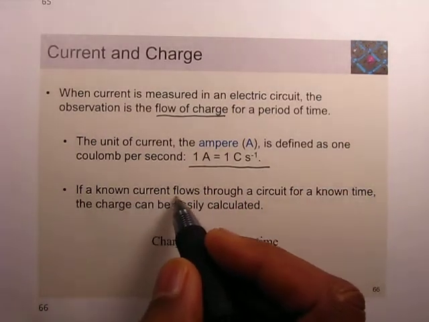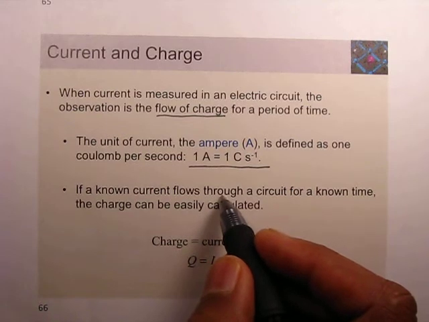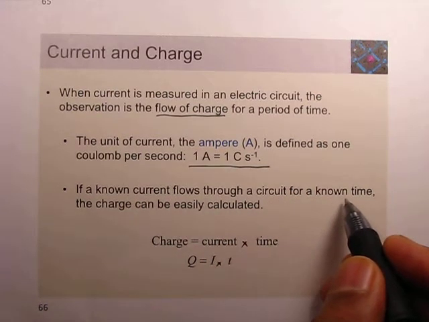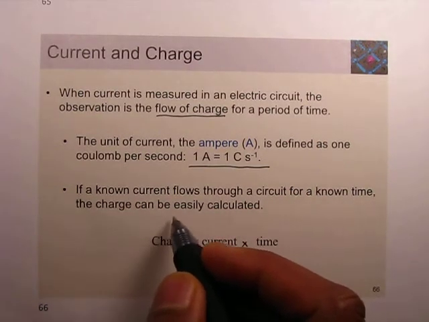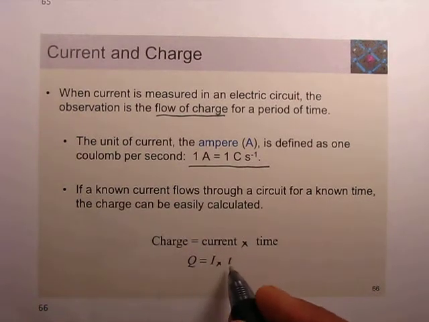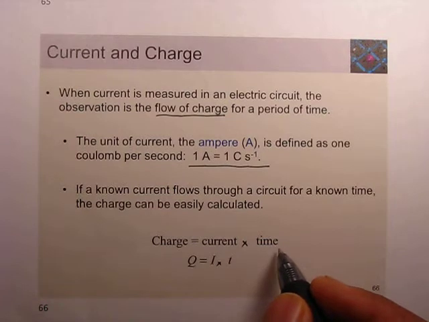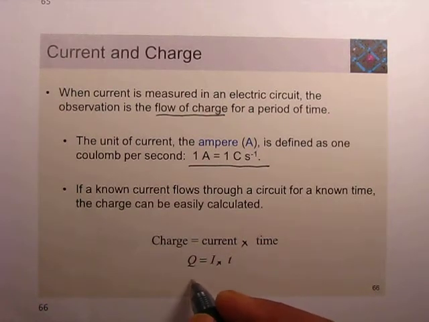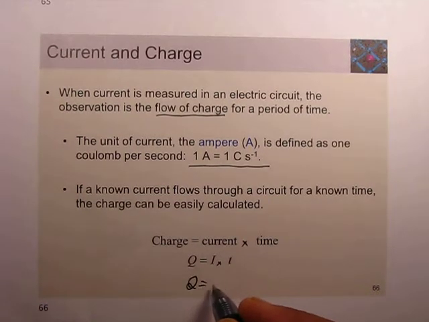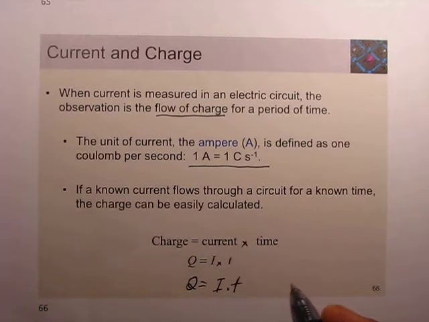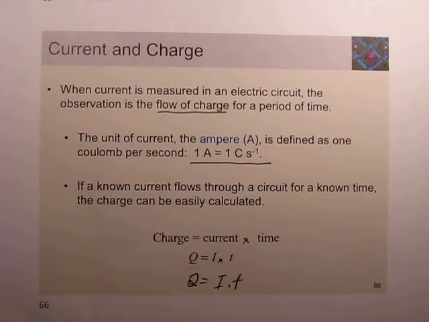If a known current flows through a circuit for a known time, the charge can be easily calculated: charge is equal to current multiplied by time, Q is equal to IT. So this formula you have to remember, Q is equal to IT. We will use this formula many times.